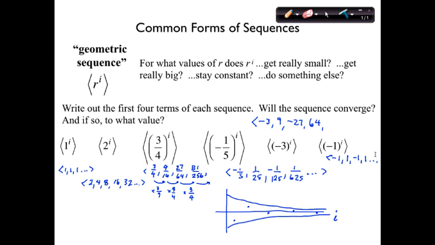Do those terms get indistinguishably close to a number? 1 and negative 1. Does that sequence converge or diverge? And if it converges, what does it converge to? What single number does it converge to?